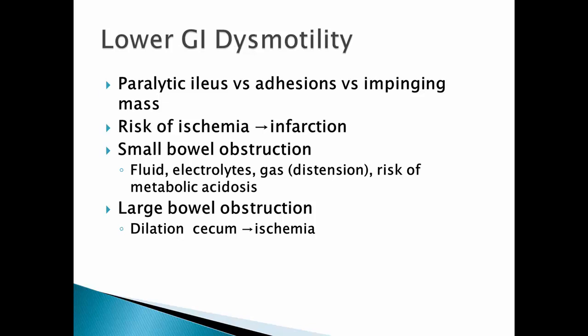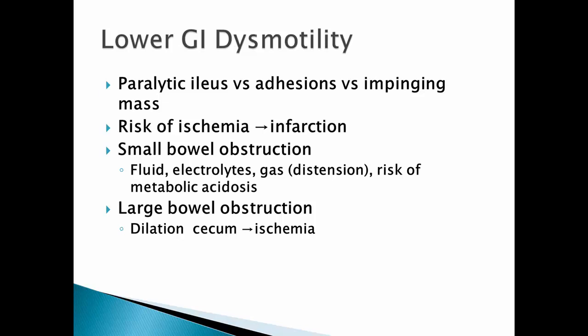With a large bowel obstruction, generally the most common area is dilation of the cecum, and with that dilation of the cecum, there is an increase in the intraluminal pressure, and as that intraluminal pressure goes higher than the capillary pressure, that would then lead to an ischemic process.